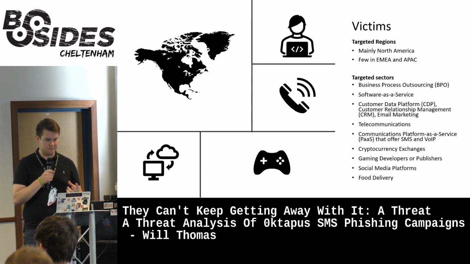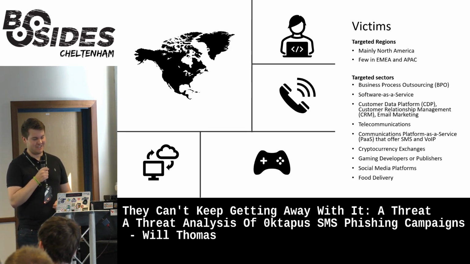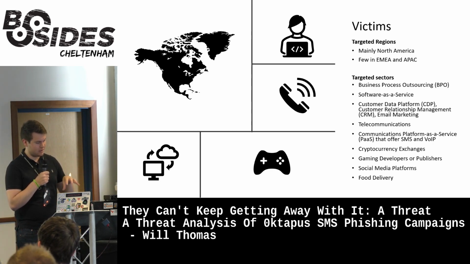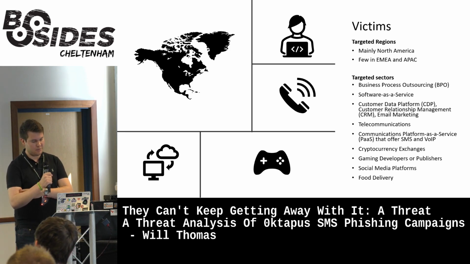Things like HubSpot and other services are used to help manage their customer data. And so by targeting one of these BPO companies, you can then target the data of multiple companies' customers as well. The interesting thing about that is they also then go after telecoms once they've targeted these BPO companies.